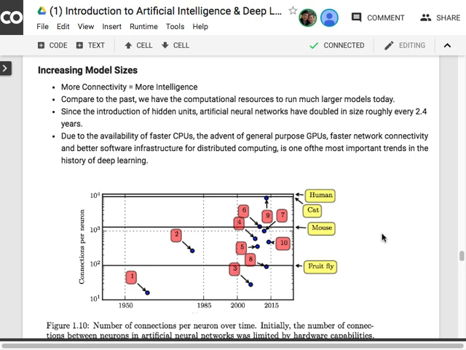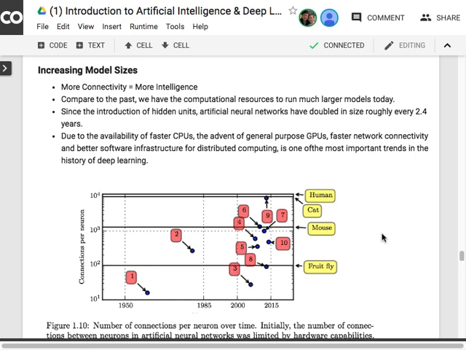In the human brain, one neuron has about 10,000 connections with other neurons. This is human intelligence. And neural networks are also increasing the number of connections.